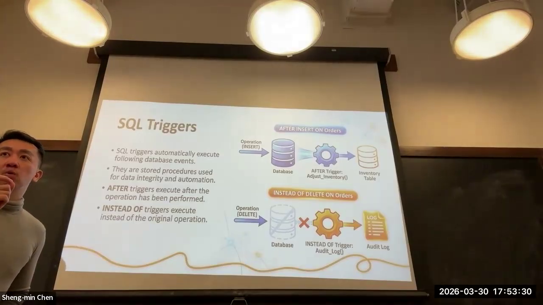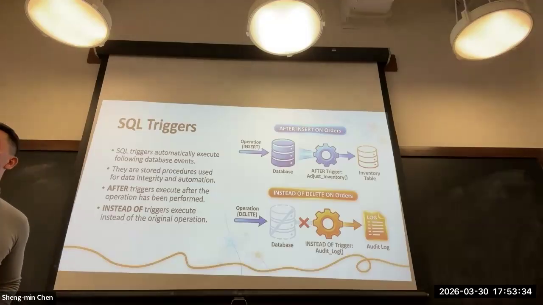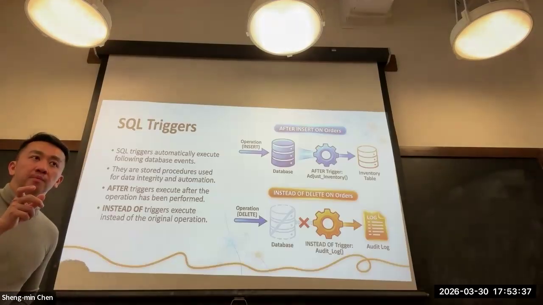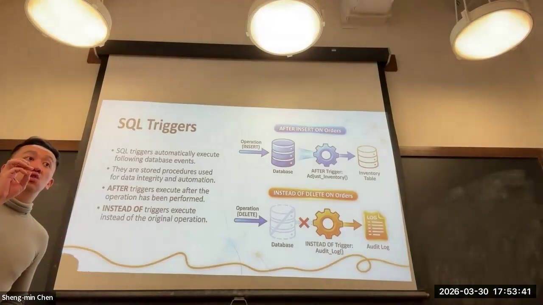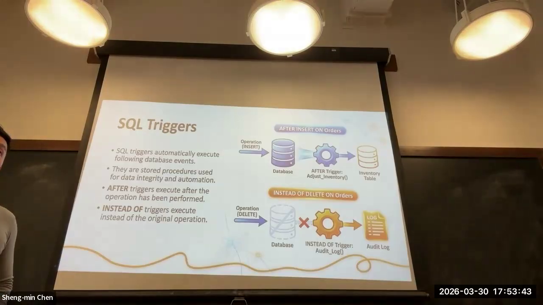Okay, so basically how you would do that is you can create a trigger when a new row is added to the shipped table, for example.